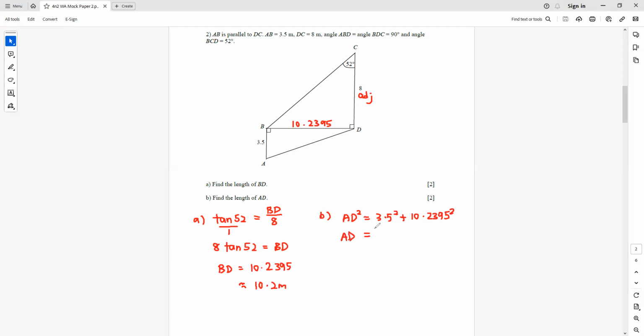So AD equals square root. Remember the square root. Then square root the answer. You get 10.828, approximately 10.8. Okay, so for a right angle triangle, just apply TOA CAH SOH as well as Pythagoras.